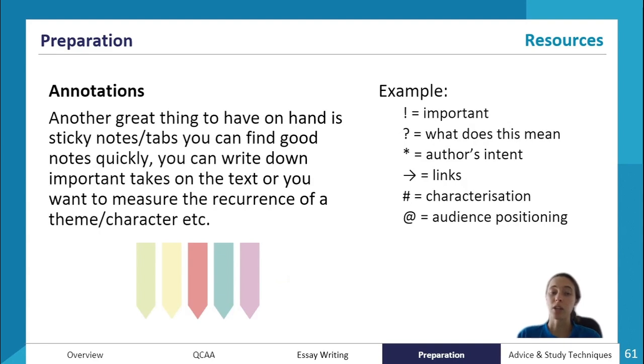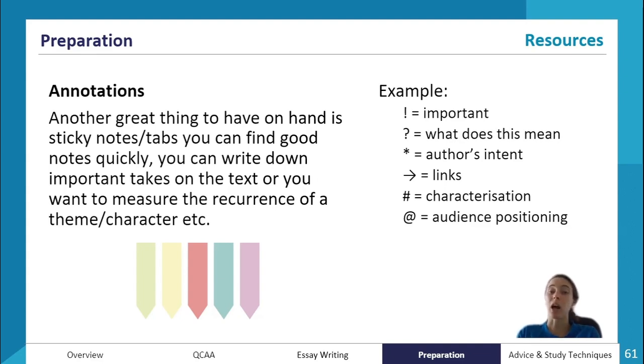As I mentioned, sticky notes can be a really good resource as well, and you can use them to identify recurring ideas, themes or characters and stuff like that. You can also have a key of some sort.